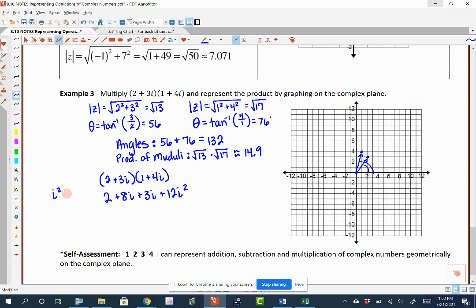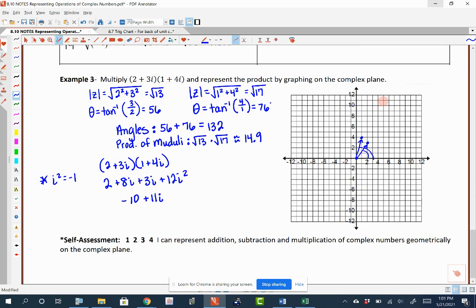Remember, i squared is equal to -1, so that's important as we're simplifying. Really I have a -12 that needs to be added to the constant 2, which gives us -10. Then we can combine our i's: 8 plus 3 would be 11i. So here's where our final vector should end up. From our origin, we're going to go to (-10, 11).